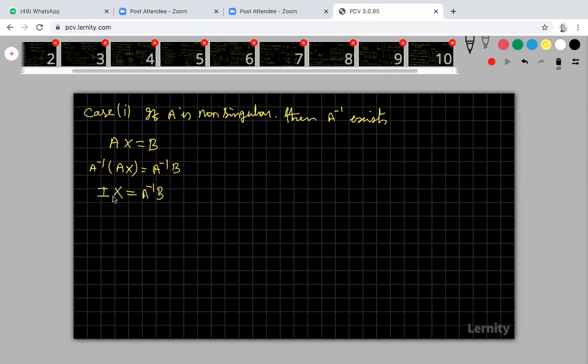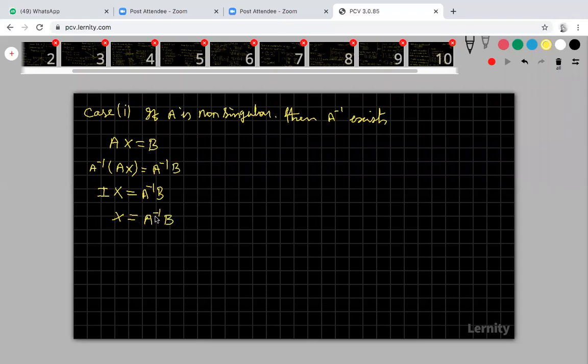So identity into X is equal to A inverse into B. Identity into X is X only. Identity matrix into any matrix gives that matrix itself. So therefore we will get X = A inverse into B.